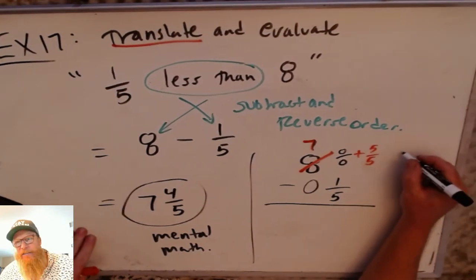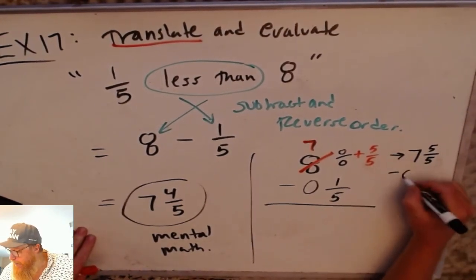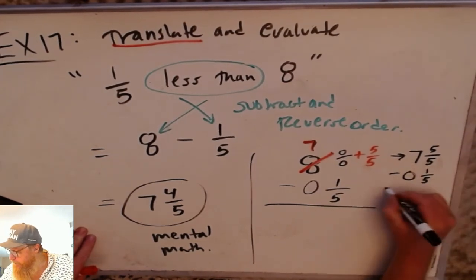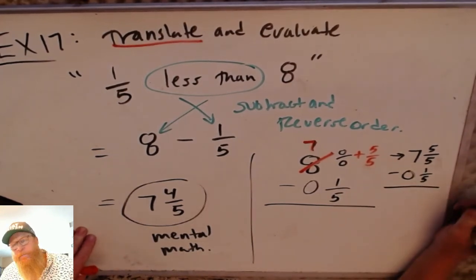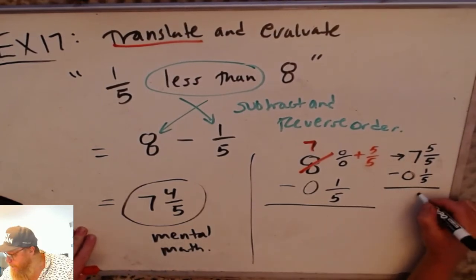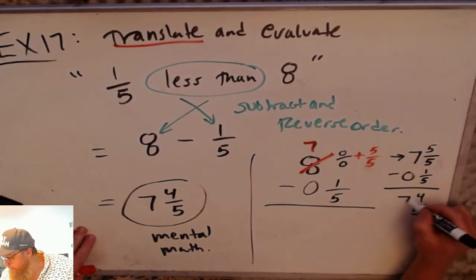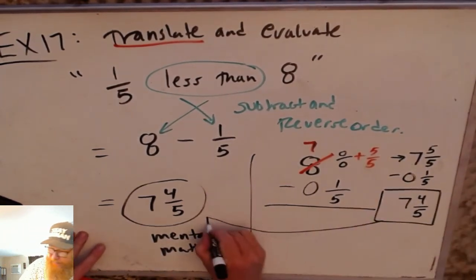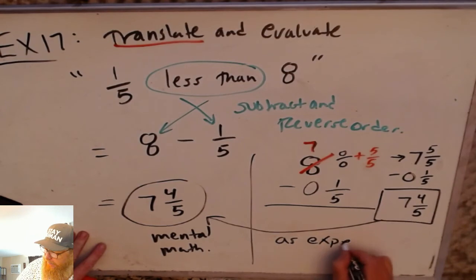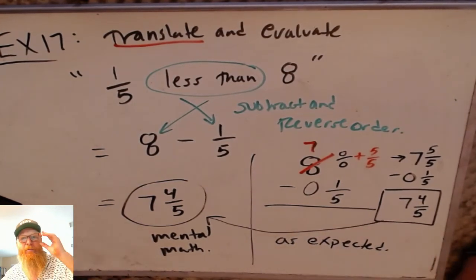So now it's 7 and 5/5 minus 0 and 1/5. 5/5 minus 1/5 is 4/5. 7 minus 0 is 7. And we got exactly what we expected. 7 and 4/5.